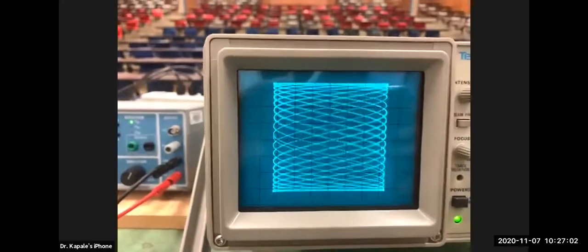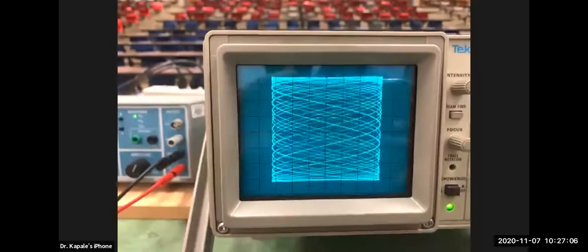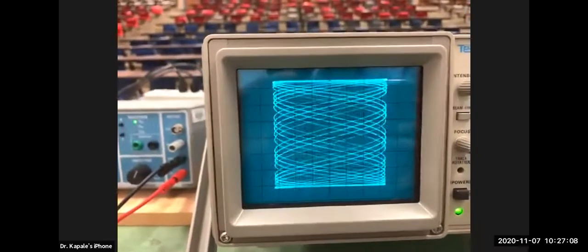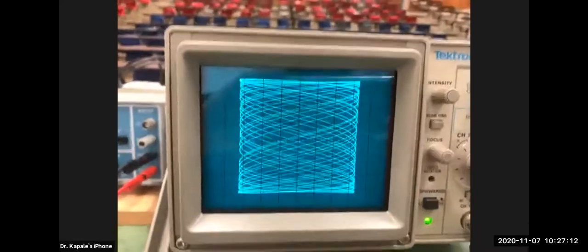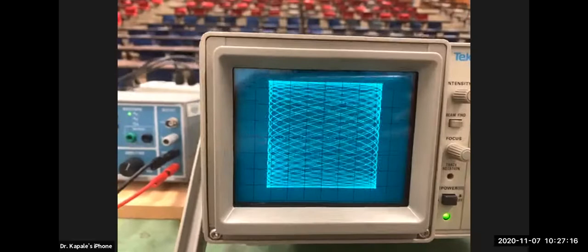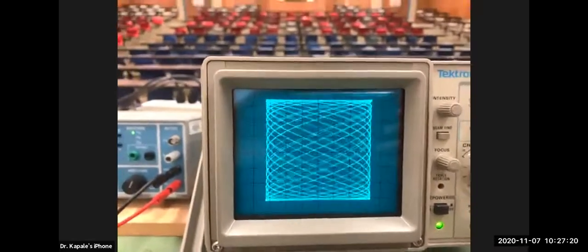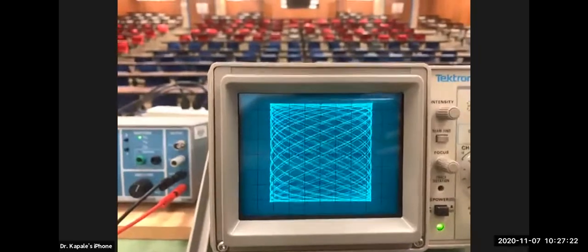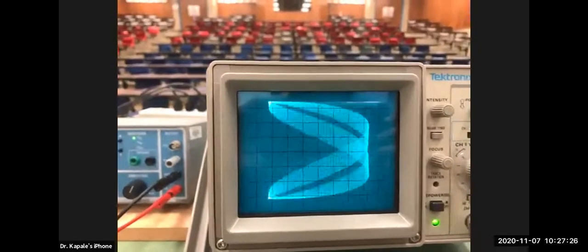Let's go to 500. So you can guess now what pattern you will get for 500. Because the vertical frequency is what I'm manipulating and changing, you should get a figure 8 pattern just like the ones that I had shown on the slide. Okay, so I'm approaching 500 now. It's 450. And you can already begin to see the figure 8.